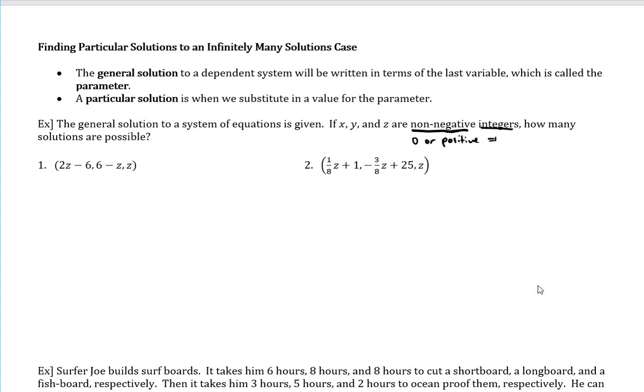So combining these two, you could have 0, 1, 2, 3, and so forth. No fractions, no decimals, just 0 and positive whole numbers. And they're asking how many solutions are possible.